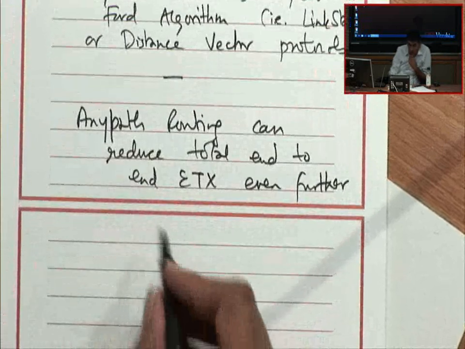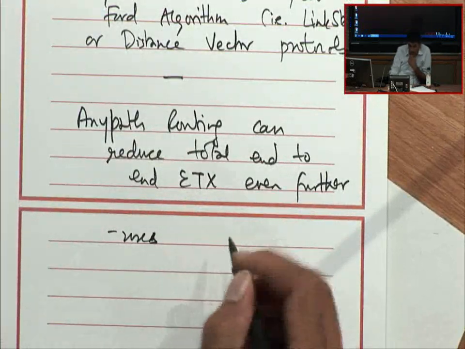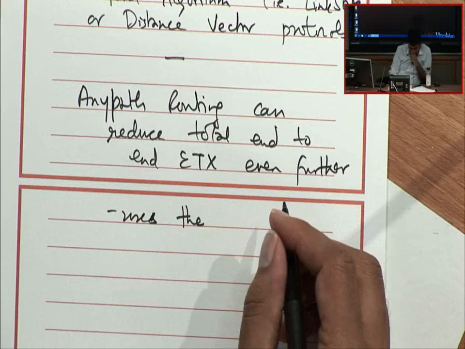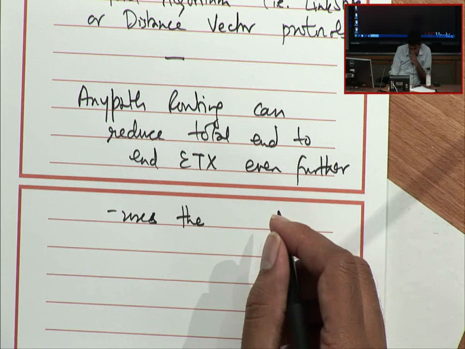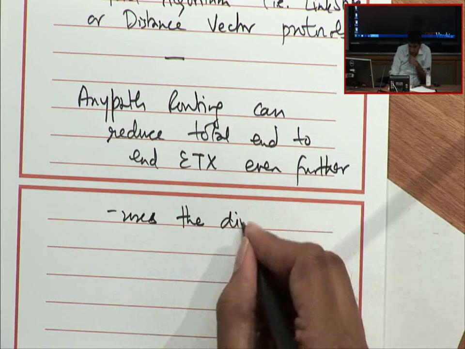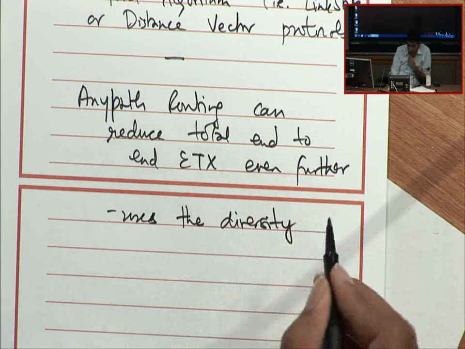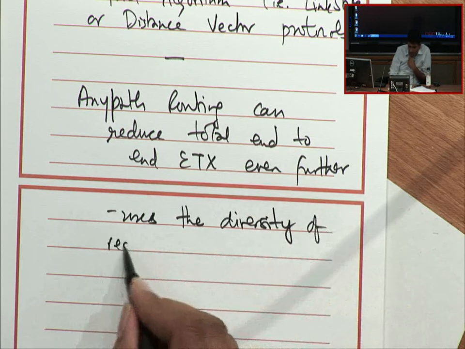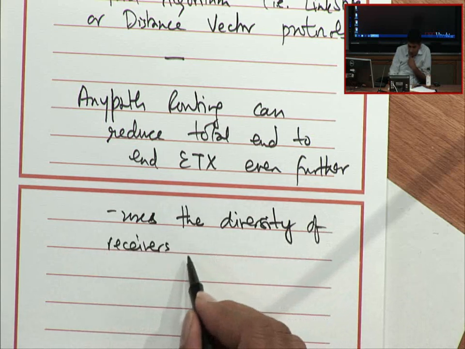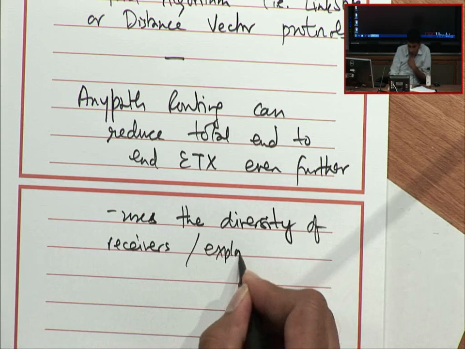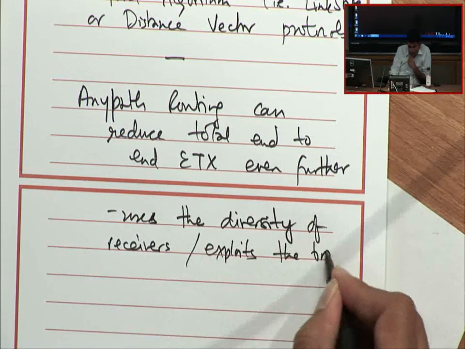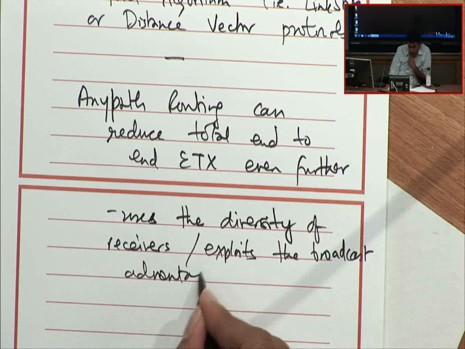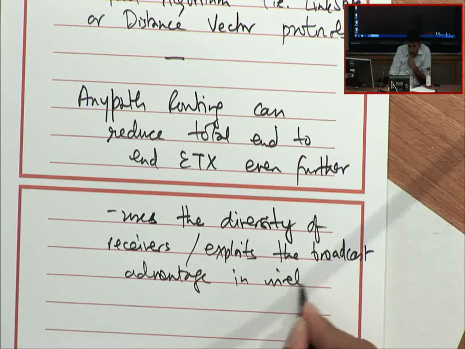And the basic idea of any path routing is that it uses the diversity of receivers, right? Or another way to say it is that it sort of exploits the broadcast advantage in wireless.